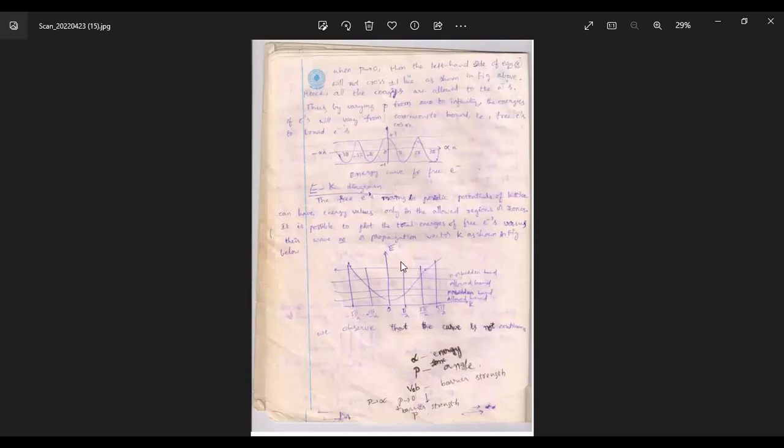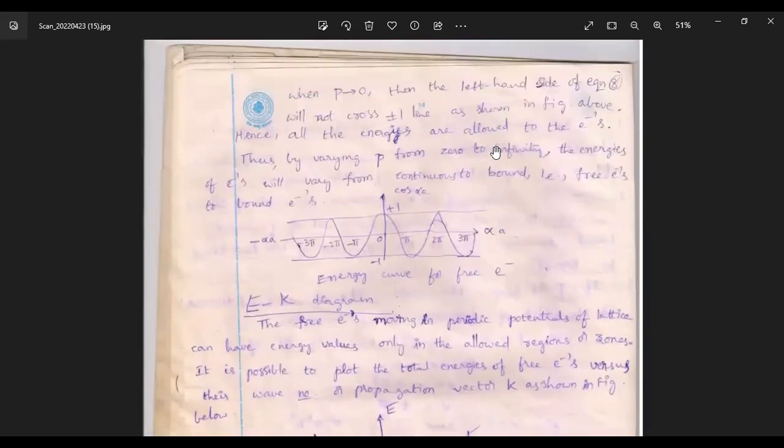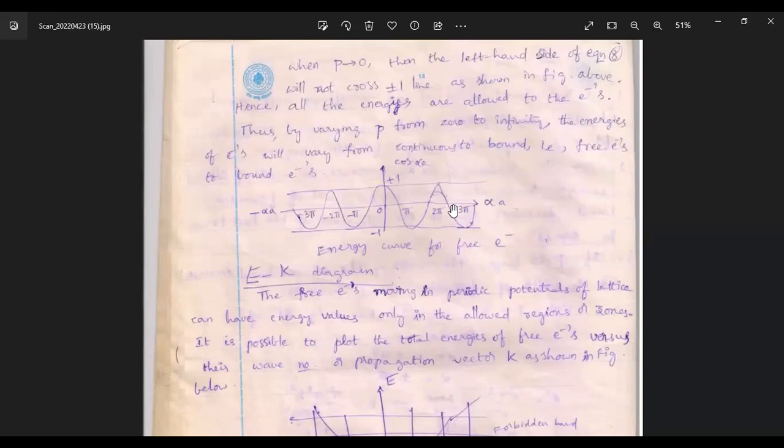When P tends to 0, the left hand side of equation 8 will not cross plus or minus 1, as shown in the figure.